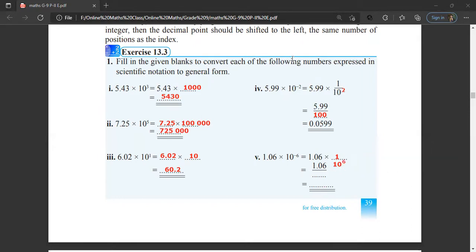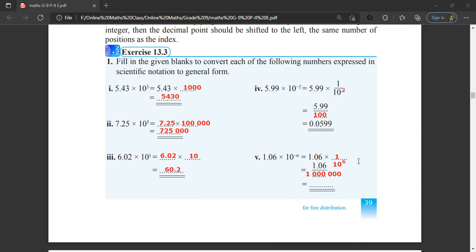Now then, that should be 10 to the power 6. What is the number? 1 and zeros. Yes, how many zeros? I told you several times that the power represents the number of zeros.